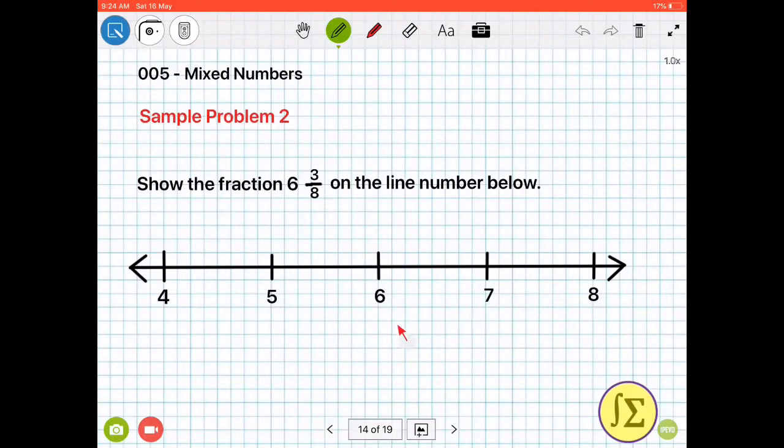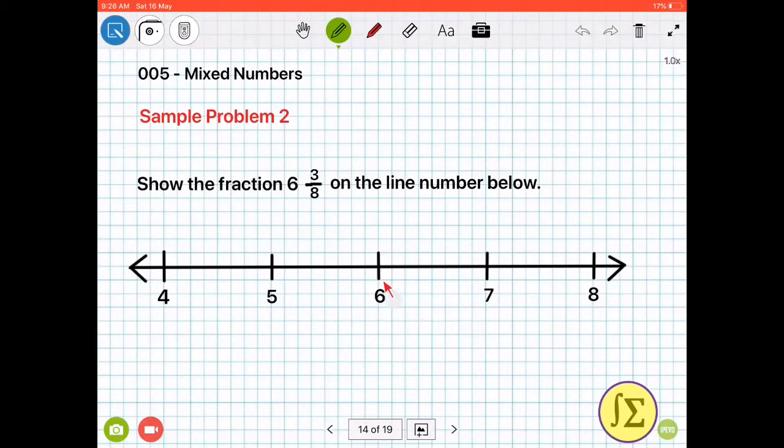But where exactly does it lie? So we have to look at the denominator, which is 8. So we have to divide this space here into 8 equal parts. So let's count how many squares there are first. 1, 2, 3, 4, 5, 6, 7, 8. So there are 8 parts, right?